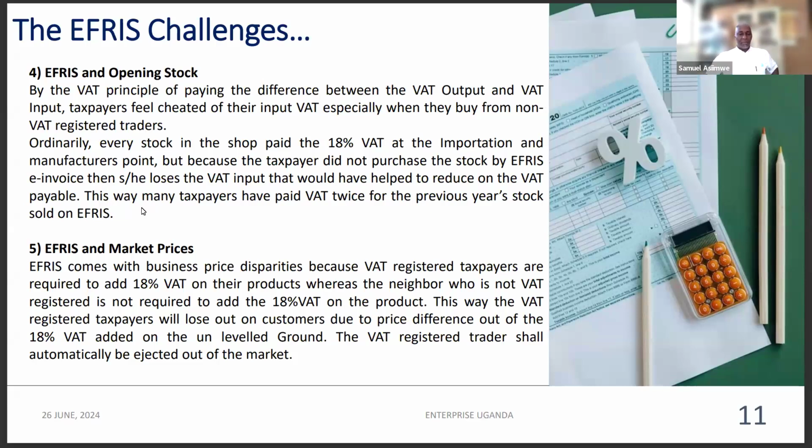And even if it was not by error, there are cases of importers and manufacturers not wanting to declare the VAT to save on taxes. This way, many taxpayers have paid this VAT twice for the previous year's stock. To put it simply, the stock I have in the shop already paid 18% to the government at the import level and at the manufacturer's level.